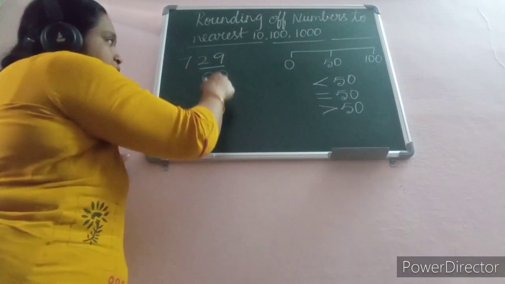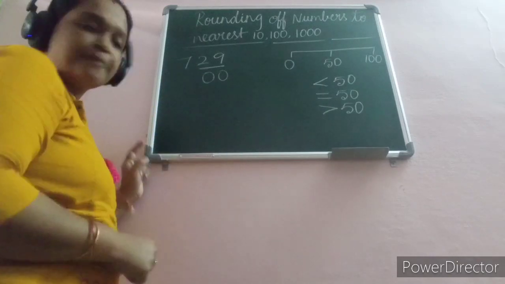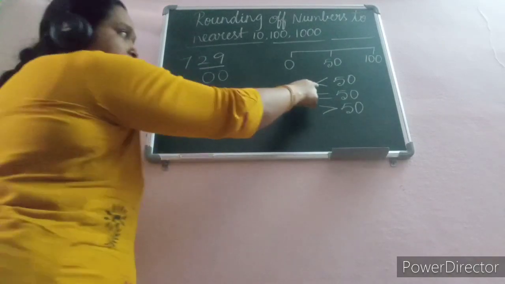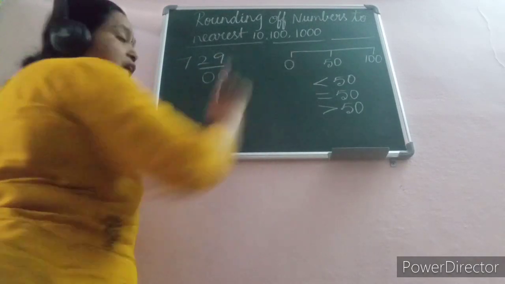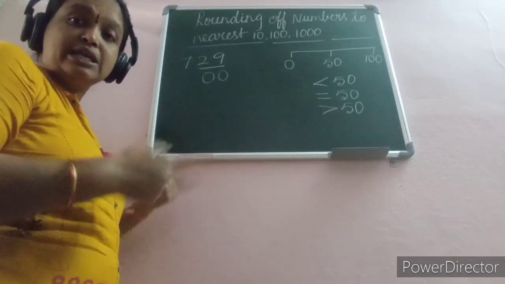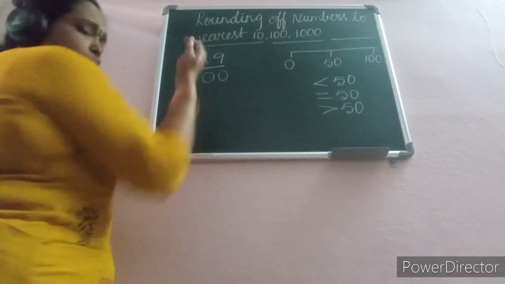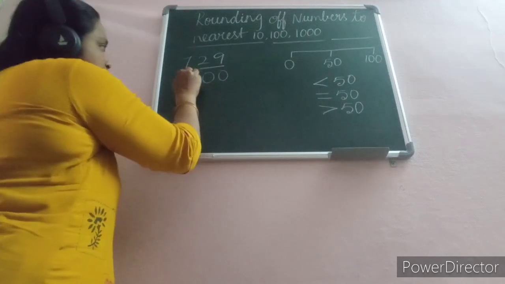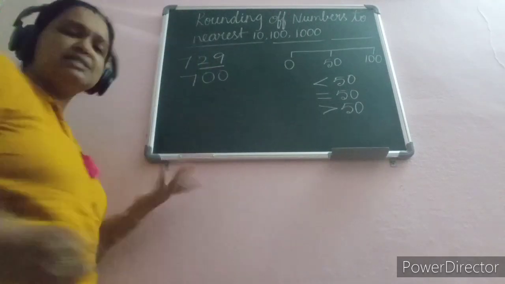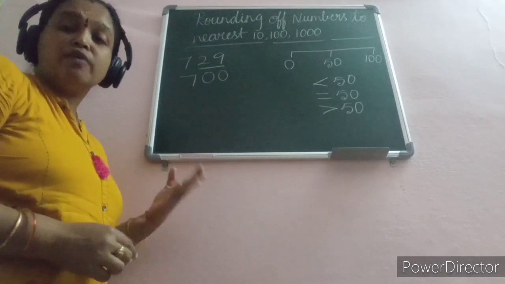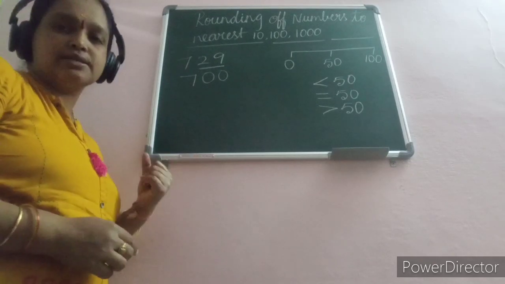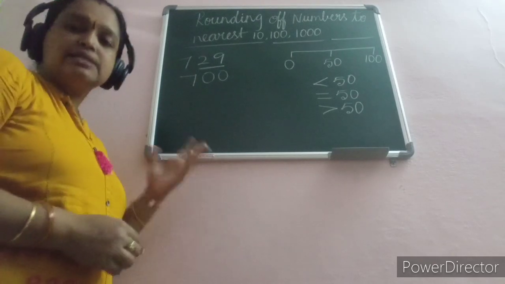So 29 will become zeros here, and now check whether it is less than 50 or more than 50. Obviously it is less than 50. So work is simple. No need to do anything. Write the digit in the hundreds place as it is. So when you round off 729 to the nearest 100, your answer is 700.